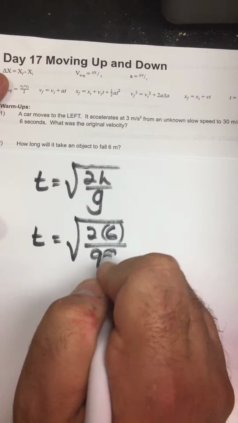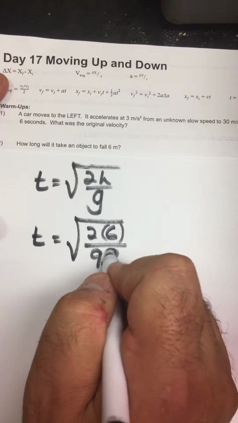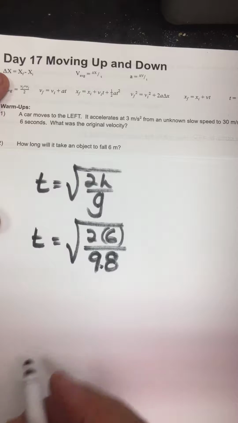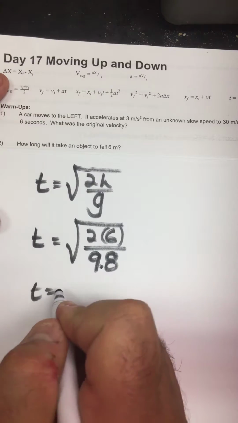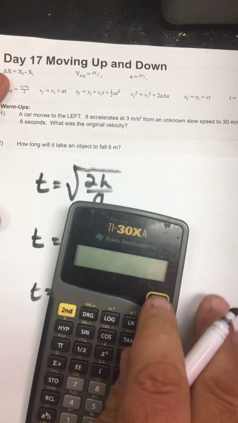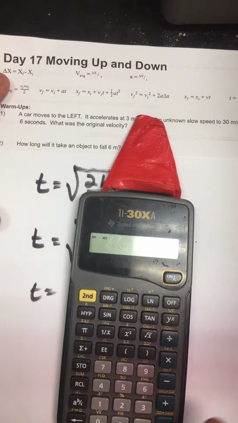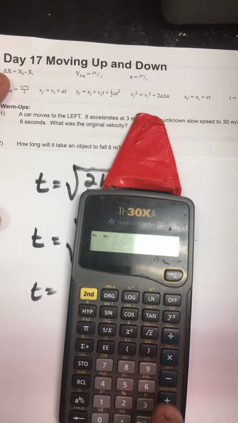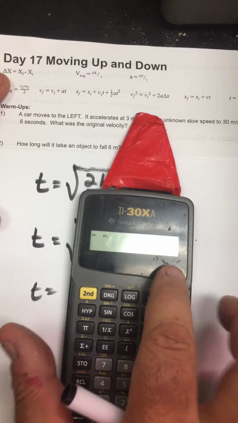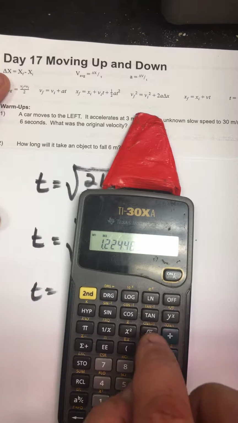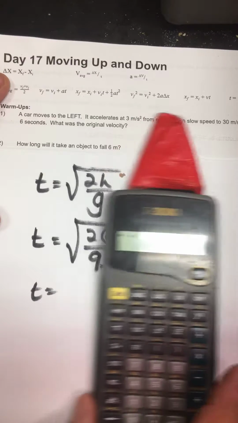And G, remember, we're just looking at plain old little g, so that's the positive value, 9.8. Type into your calculator: 2 times 6 divided by 9.8, equals, square root, 1.10.